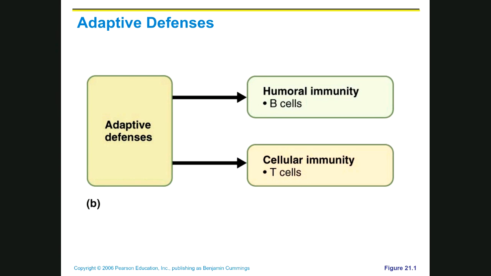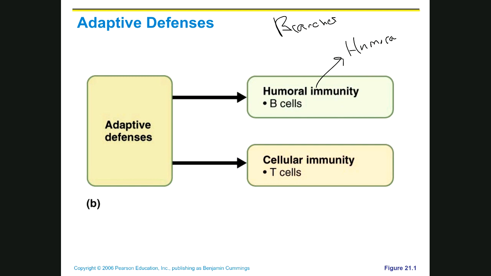So we're talking about two branches of immunity. And the two branches are controlled by different types of cells. One is called humoral. Humoral means it floats around in your plasma.